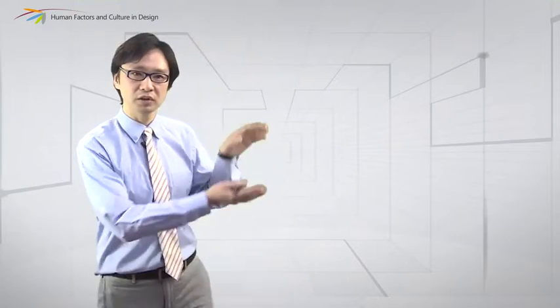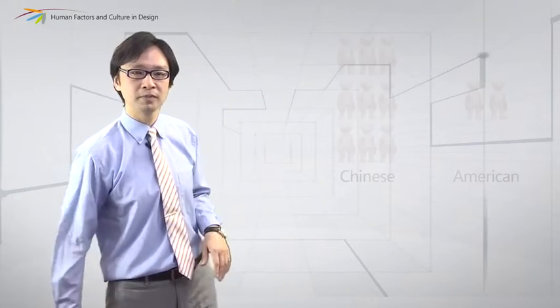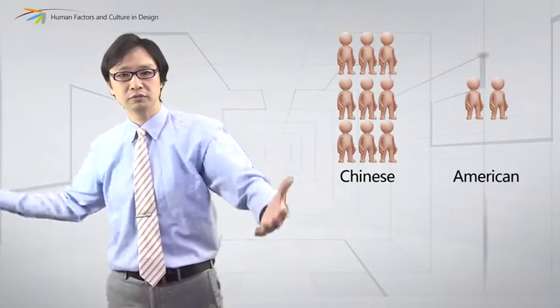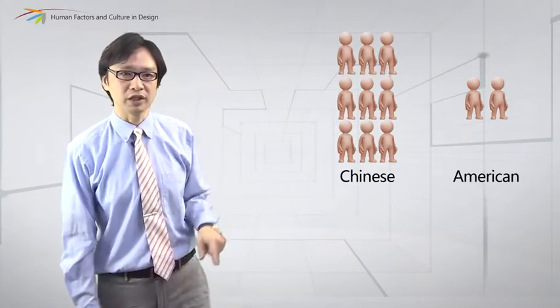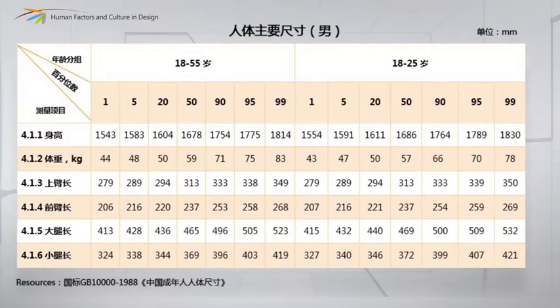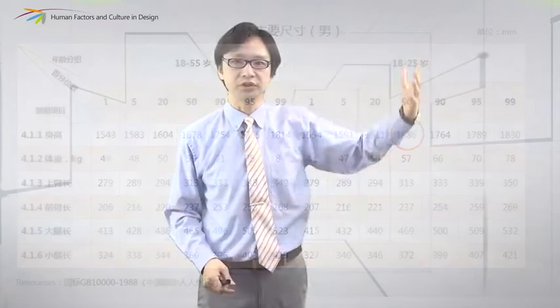You may argue the difference may not be so big, but if we talk about the big population of China and the population of America, you understand this difference is quite big. Very interesting, when the Chinese Standard Bureau issued the data, they also included the data of younger males, and the 50th percentile was 1.686, a little taller than the bigger group.